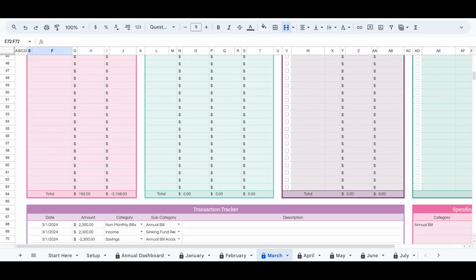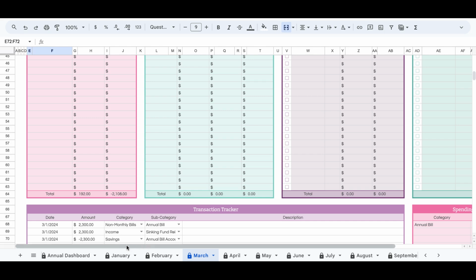And then, so that your sinking fund number will be up to date and accurate, down here on the sinking fund tab, you want that number to stay accurate. We're also going to record that we took that $2,300 out of the savings, that annual bill account there.